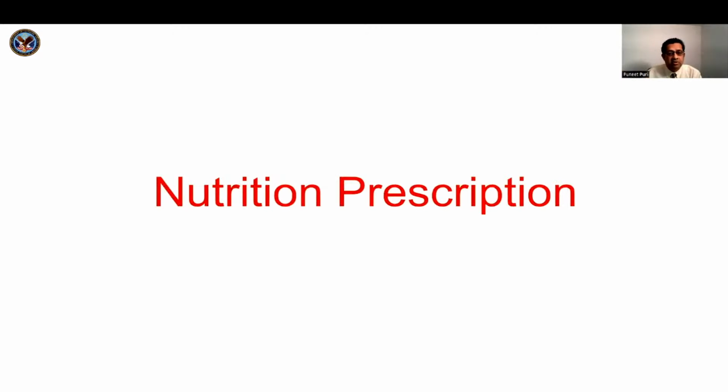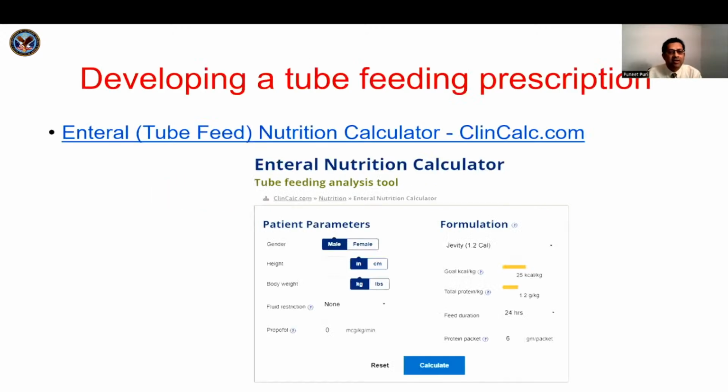So how do we prescribe nutrition in critically ill patients in the liver ICU? One of the simple tools is a website called EnteralTube from clinicalcalc.com that can be easily utilized to develop a tube feeding prescription.